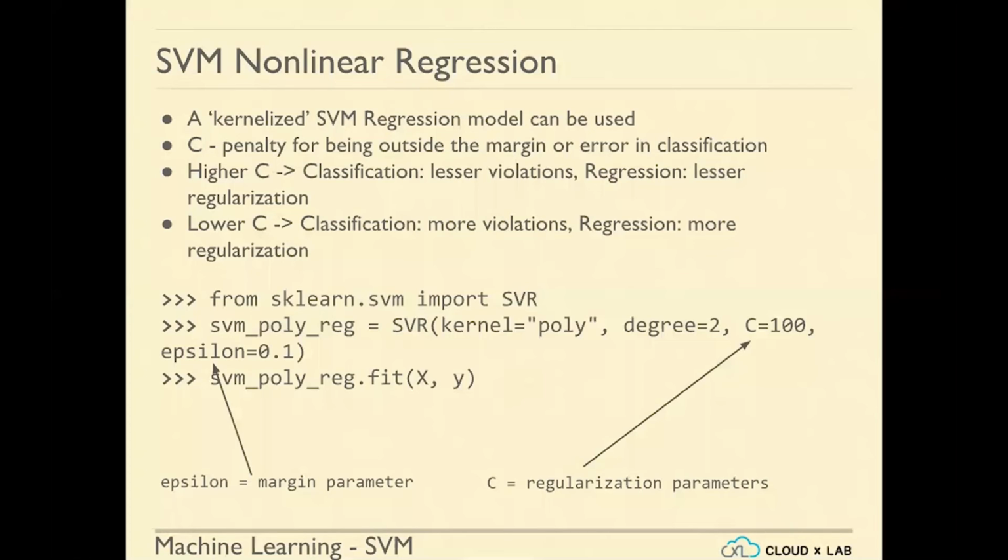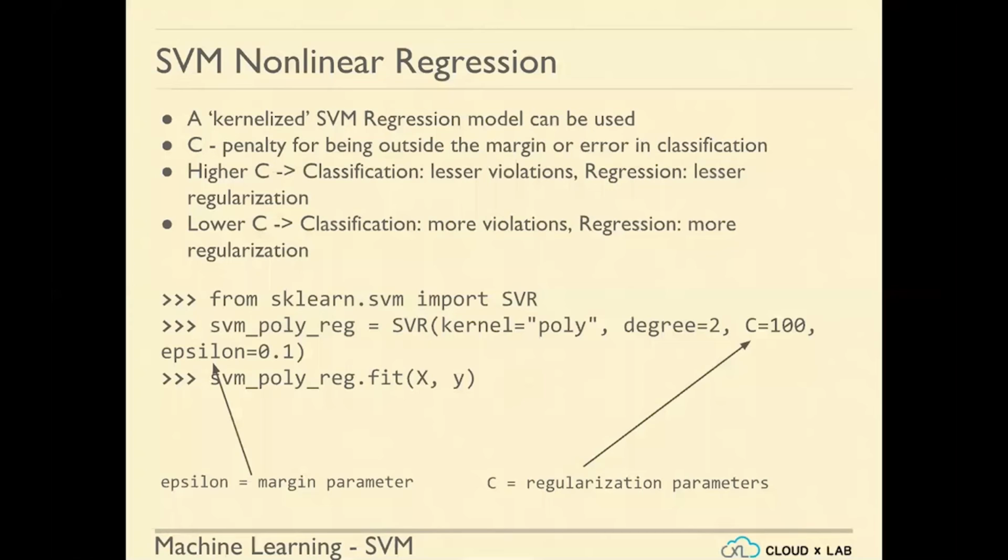So the higher the C, the thinner the street was. Correct. Yes, that's why there were fewer violations. And in case of regression, if the street is thinner, there will be less regularization.